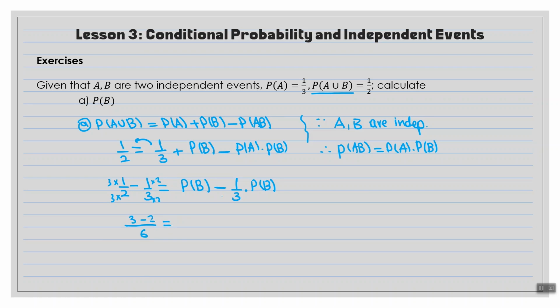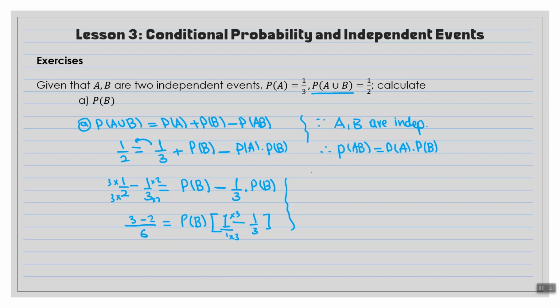On this side, I think the easiest way to do it is to get the probability of B as a common factor. If we take it as a common factor, we'll still have 1 because we've taken the probability of B out, so we get 1 minus 1 over 3. So what do we get now?